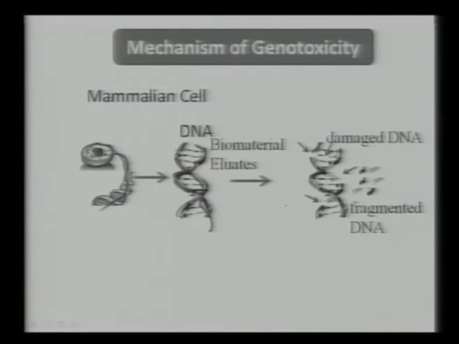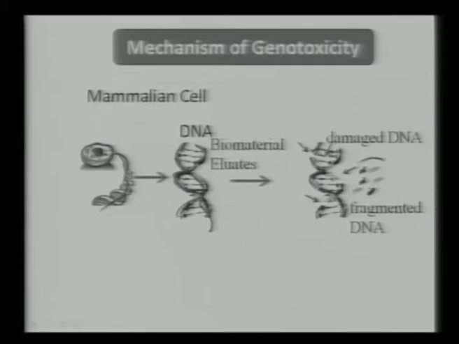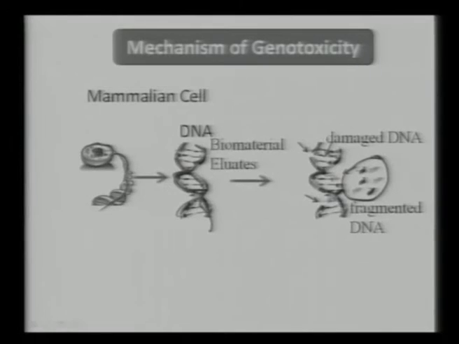Some particles may damage the hydrogen bonds which link the two helices, and if the hydrogen bond is broken, that means you are causing damaged sites on the DNA, which will lead to fragmented DNA. That means part of the DNA will be immediately dispersed in the neighborhood of the DNA. So this is essentially caused by the debris particles, and I repeat, the finer the debris particles, the more the chances of this genotoxicity effect.